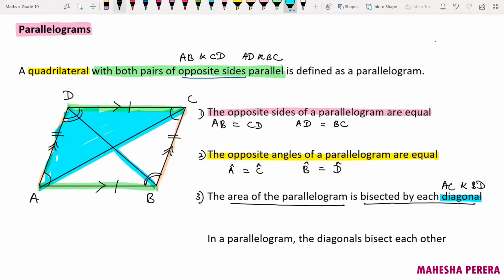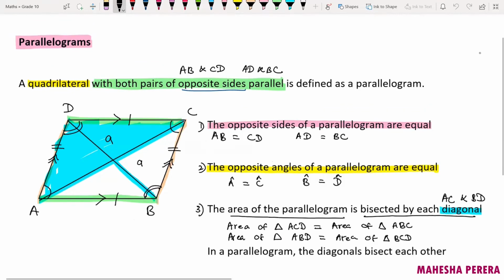If this area is, let's say, A, then definitely the area of the other part is also A. Therefore, the area of triangle ACD equals the area of triangle ABC. And on the other hand, the area of triangle ABD equals the area of triangle BCD. So that's the third point that you should remember.